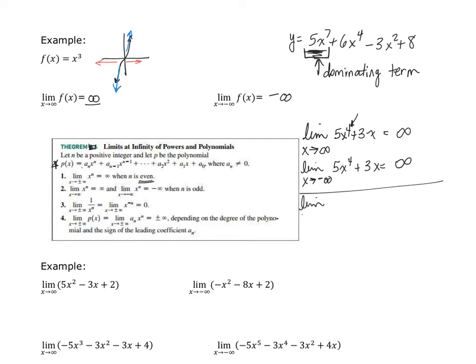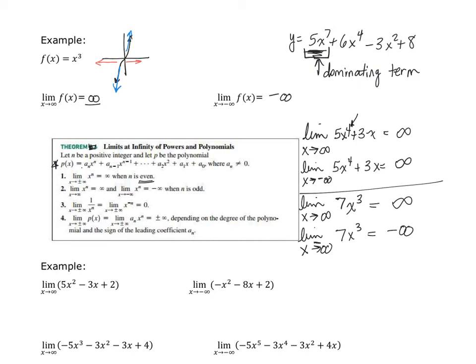However, if we have an odd function, 7x cubed, for example, a positive cubed is going to give us positive infinity, but a negative value cubed is going to give us negative infinity. So we really just need to look at that leading term.